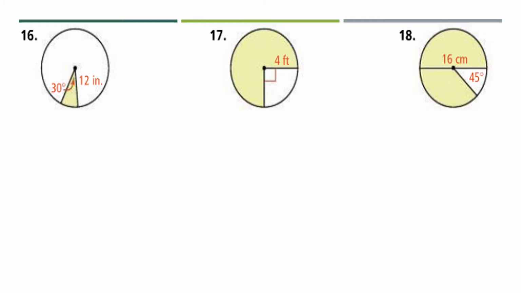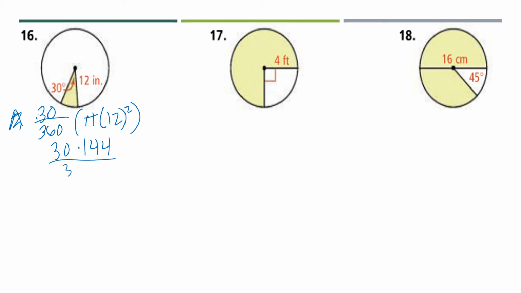So for number 16, the angle measure here, and you don't have to put A if you don't want to. The angle measure is 30, so 30 over 360 times pi r squared. 12 times 12 is 144, so I'm going to have 30 times 144 over 360 pi.